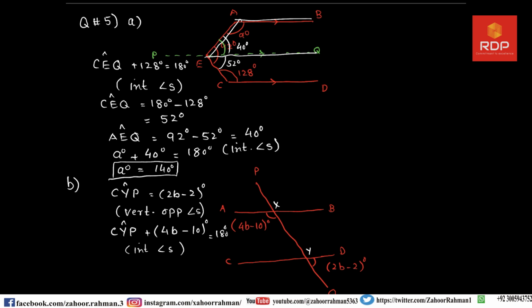We use the interior angles theorem. So because we found CYP earlier, instead of this CYP I am putting this value, so that will be (2b minus 2) degrees plus (4b minus 10) degrees, and that is equal to 180 degrees.